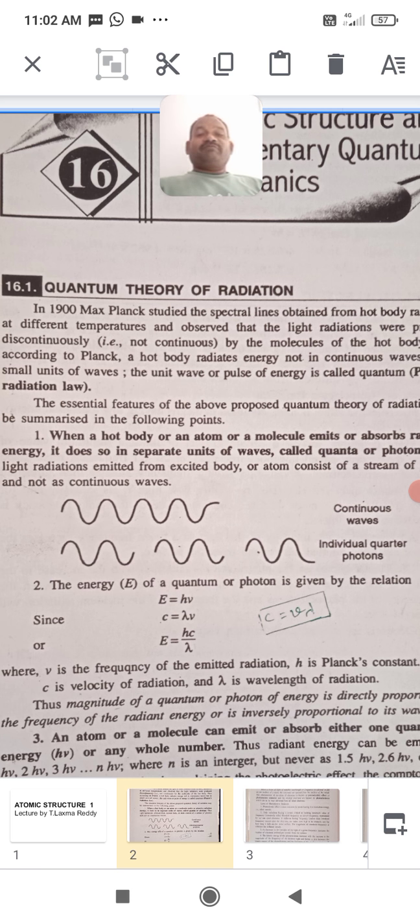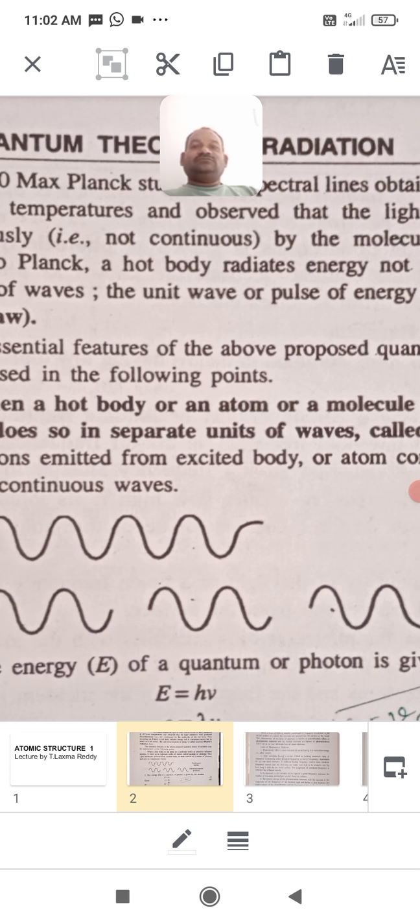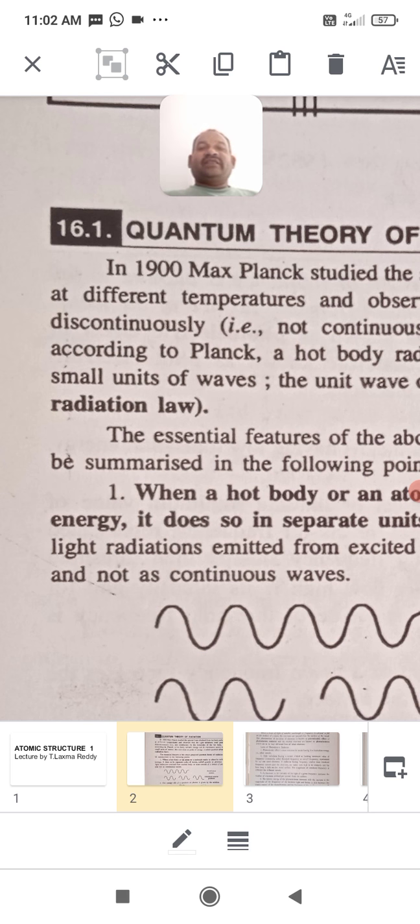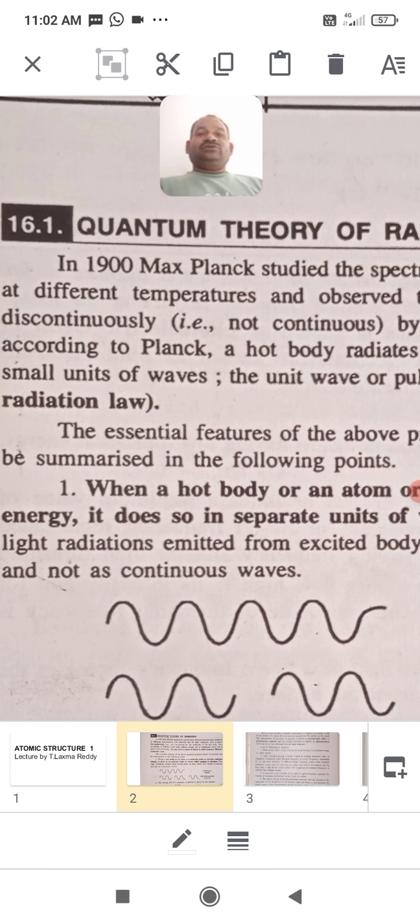What is Planck's radiation theory? You take any hot body. In that hot body, you pass light of some frequency. Then the hot body absorbs maximum energy and is heated.